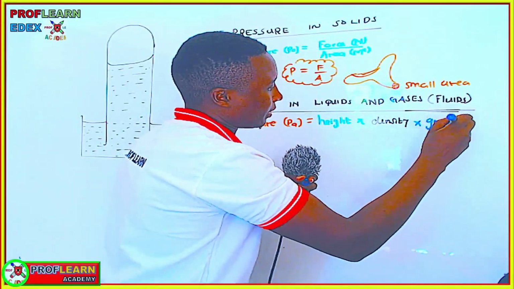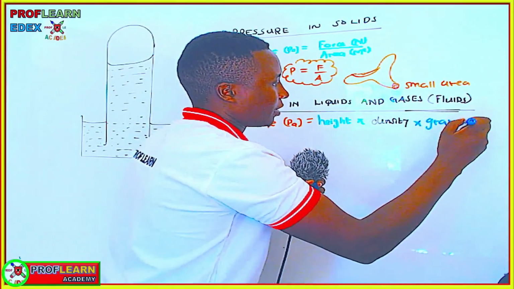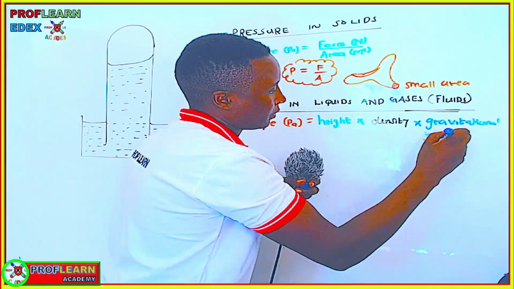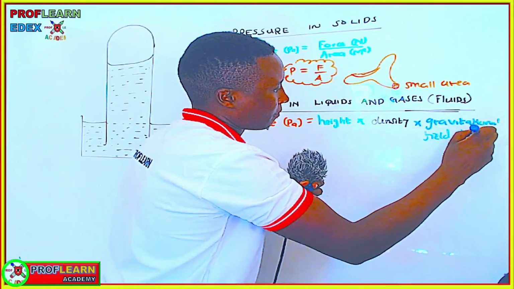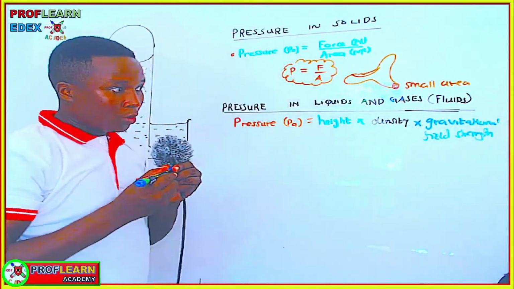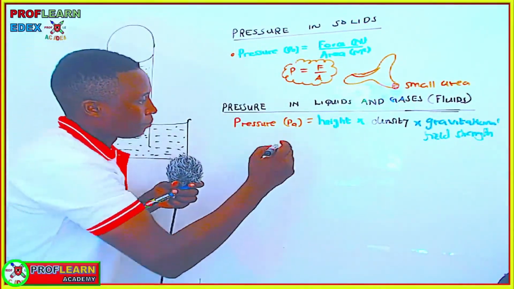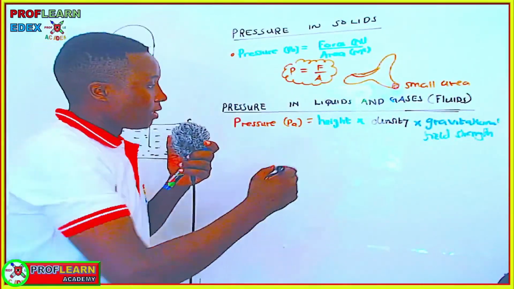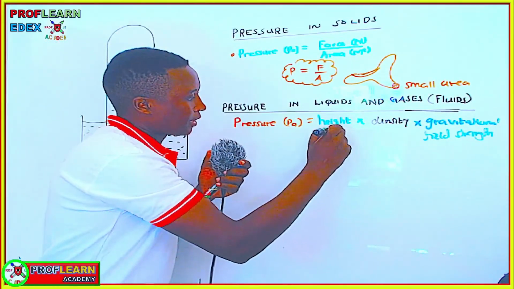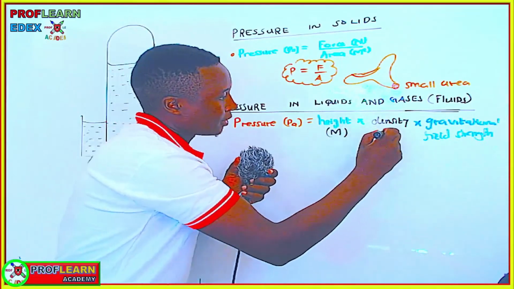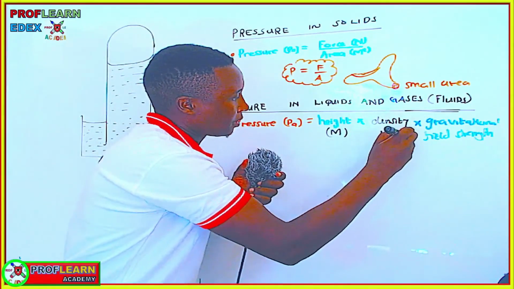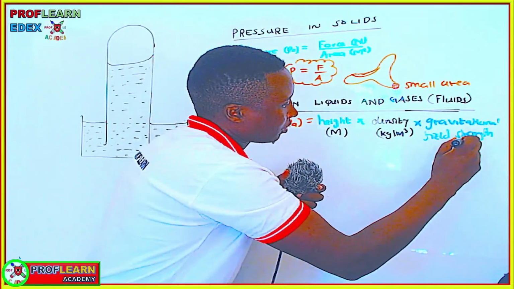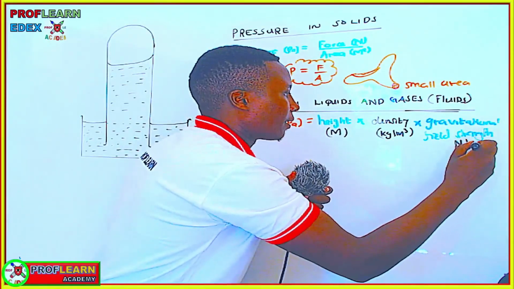Height has to be in meters, density has to be in kilograms per meter cubed, and gravitational field strength is in newtons per kilogram.